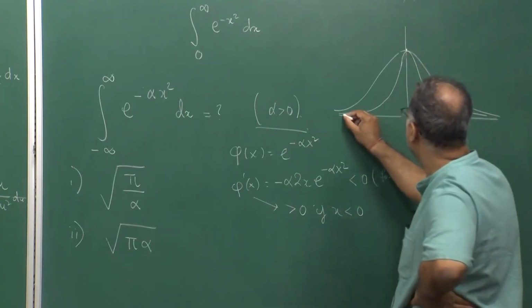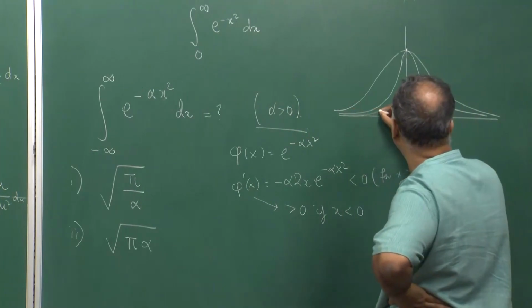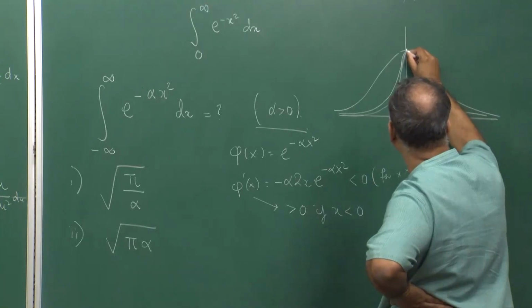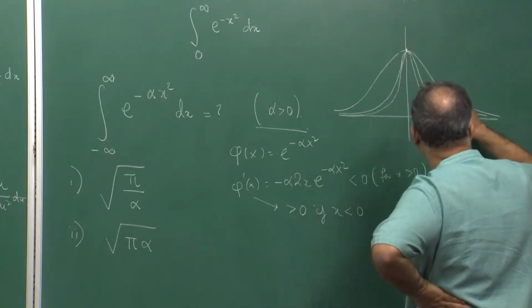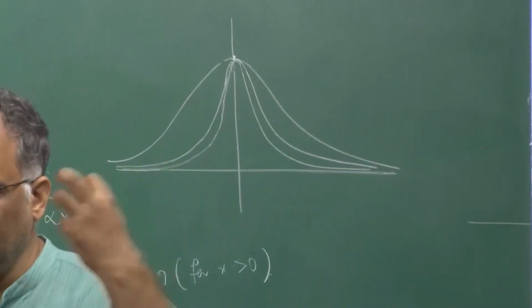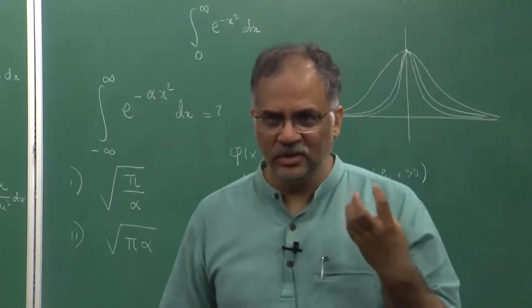The more I increase alpha, no sorry, my drawing might be very bad, the sharper the graph becomes and the area under the curve decreases.